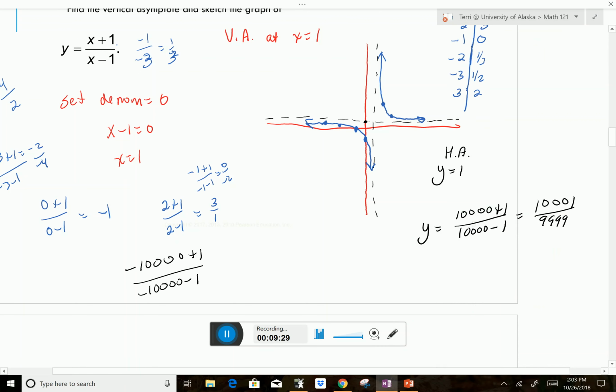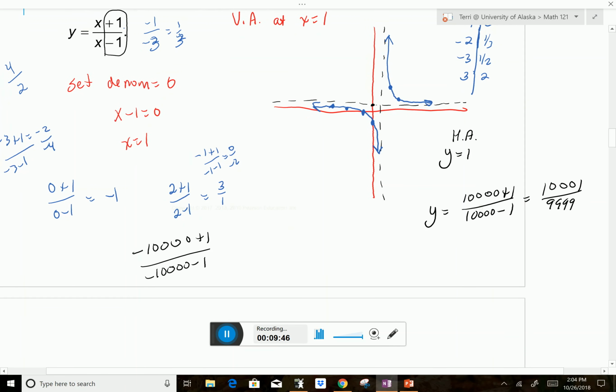So as we get really big numbers for x, this is going to get closer and closer to 1, because these two things aren't going to matter much anymore. Then you're just looking at x over x.